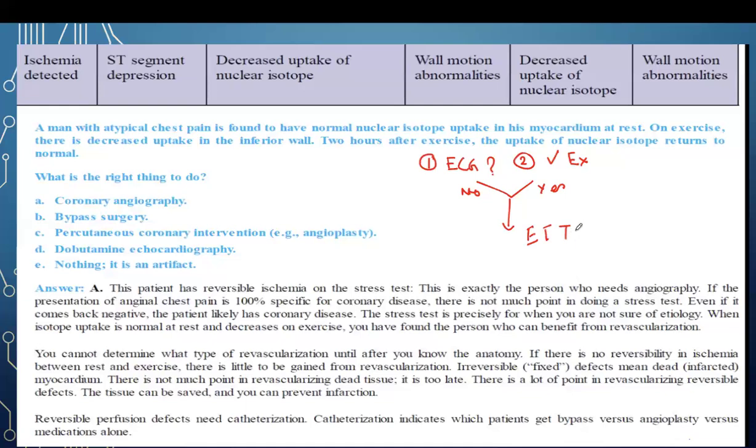If your patient has a baseline ECG abnormality, so the ECG is abnormal, then you have to do a thallium scan, which is also an exercise thallium scan, or an echocardiogram, which is also an exercise or stress echocardiogram.